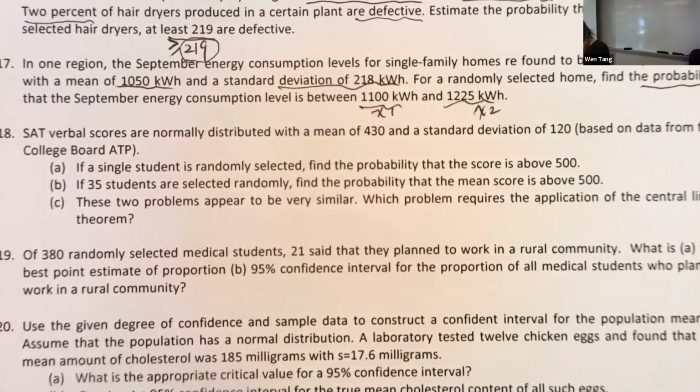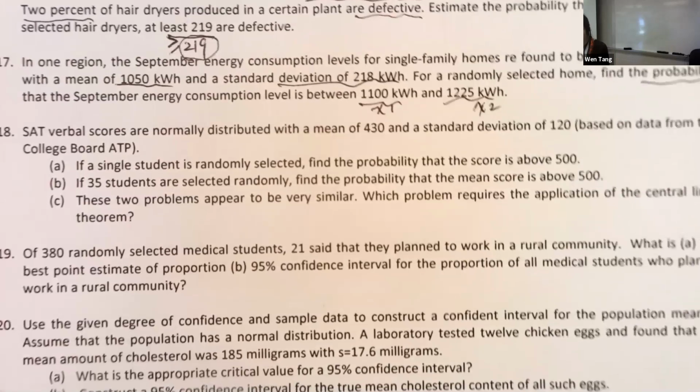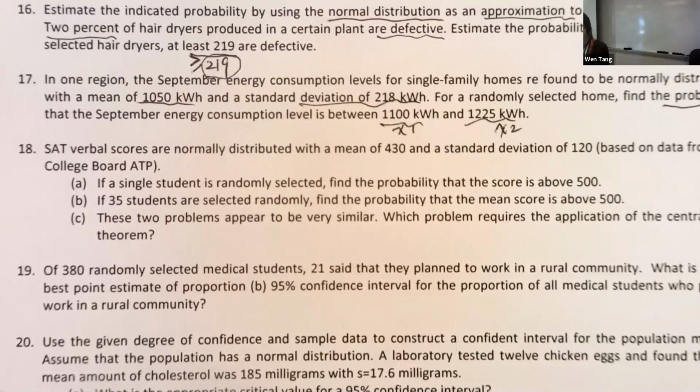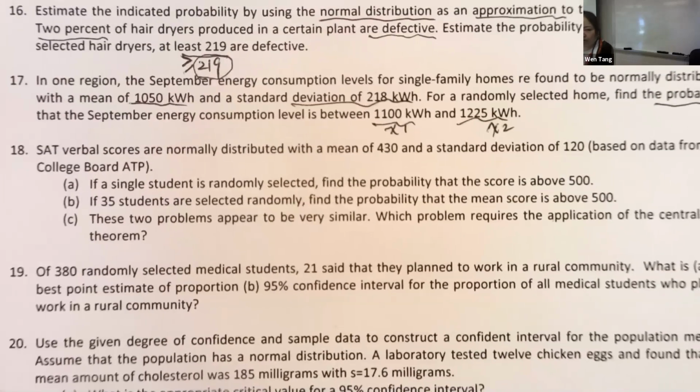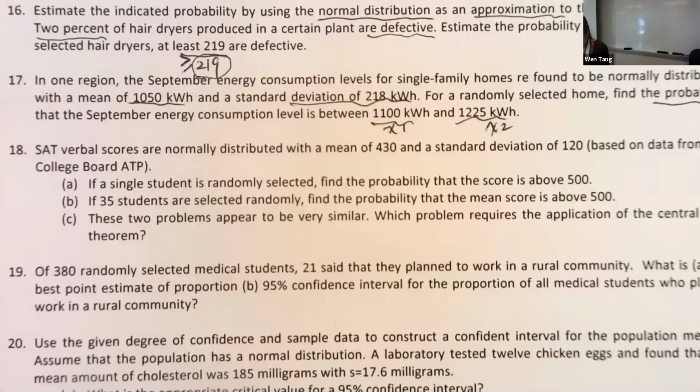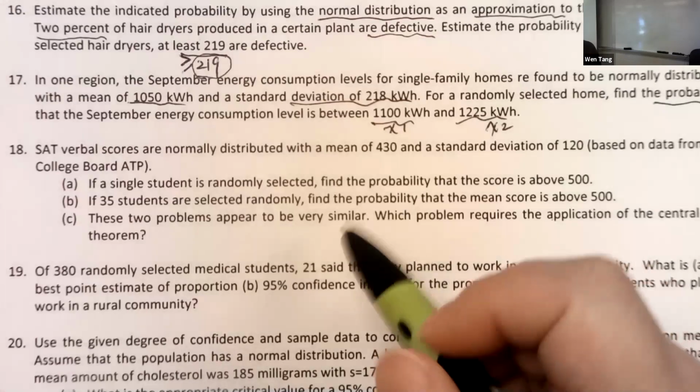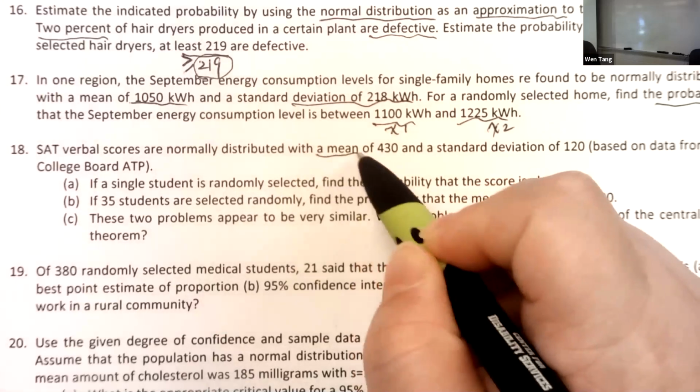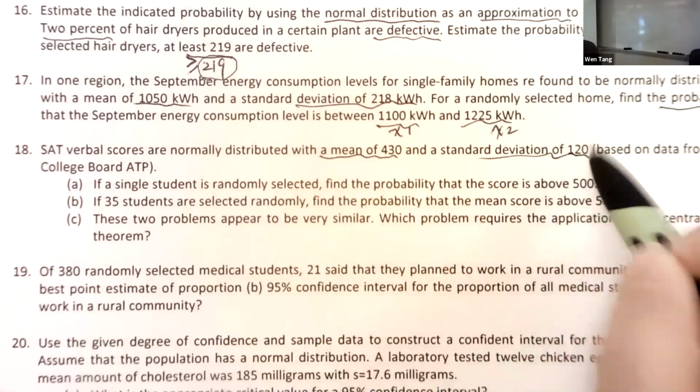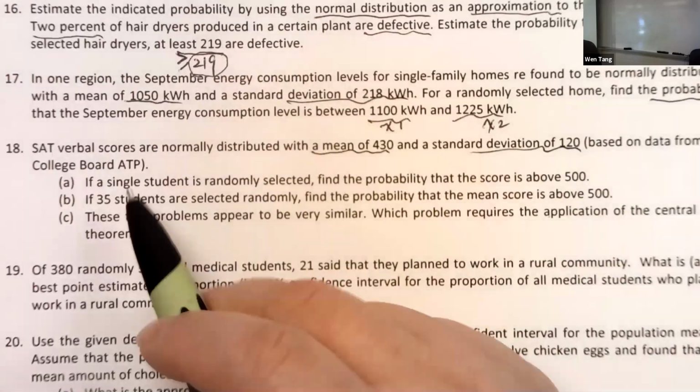But this one is a little bit different from part A to part B. Let's check the question. First, we can list the information we have. We have the mean value and the standard deviation. Let's check part A first.